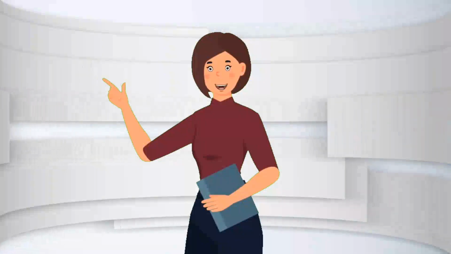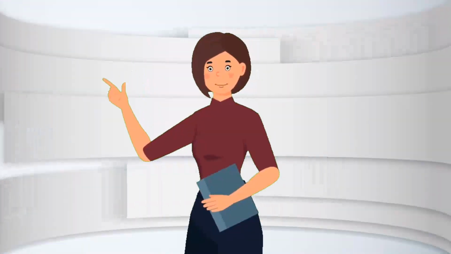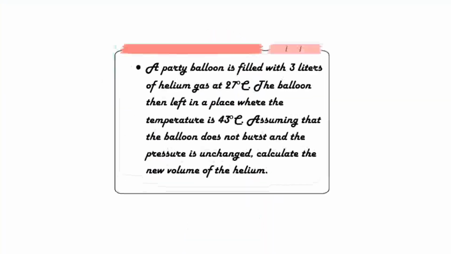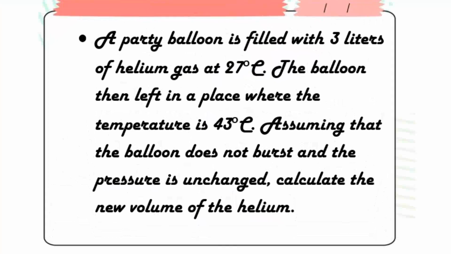Okay, learners, consider these sample problems involving Charles's law. A party balloon is filled with 3 liters of helium gas at 27 degrees Celsius. The balloon is then left in a place where the temperature is 43 degrees Celsius.